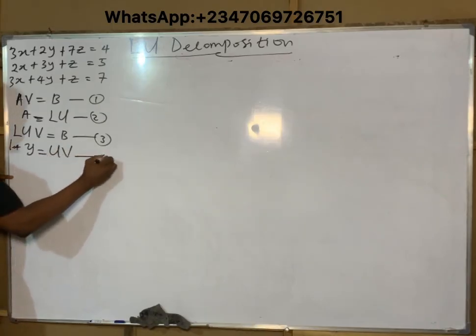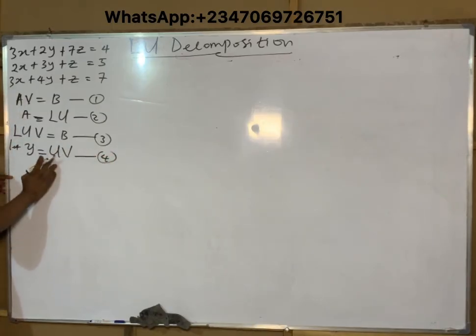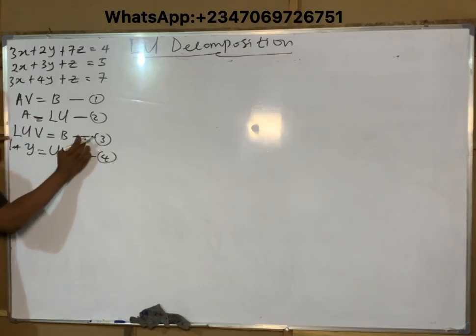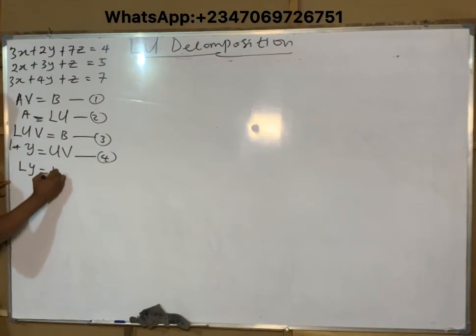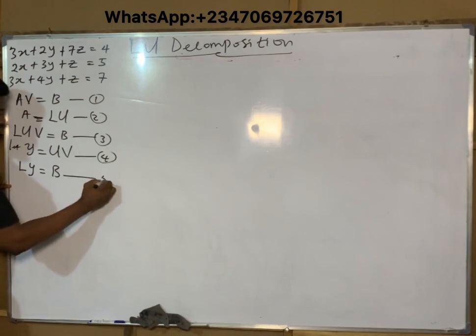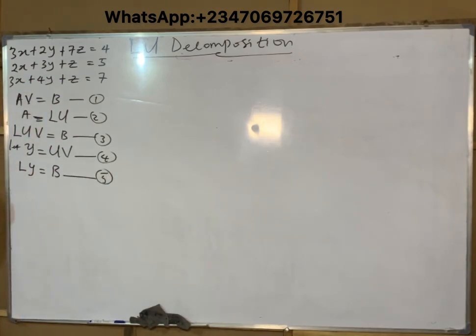This is now equation 4. So if Y is equal to the upper matrix multiplied by the variable matrix, then if we fall back to equation 3 and plug in Y for UV, in place of equation 3 we now have LY is equal to the constant matrix B. This is equation 5.